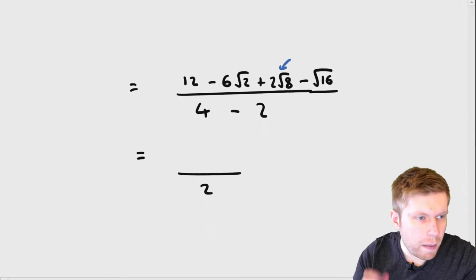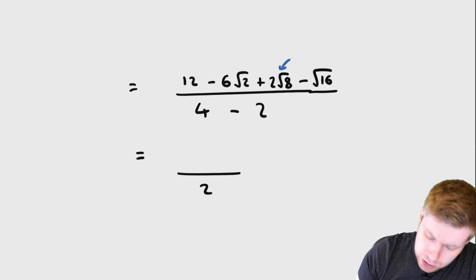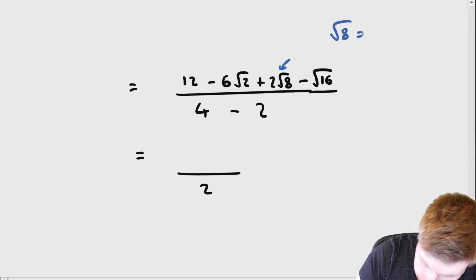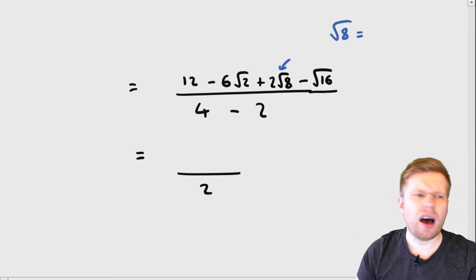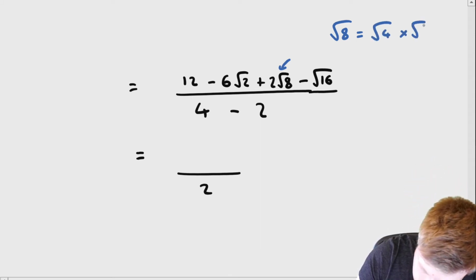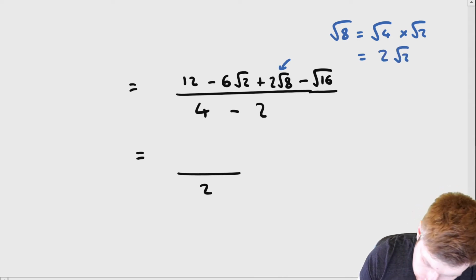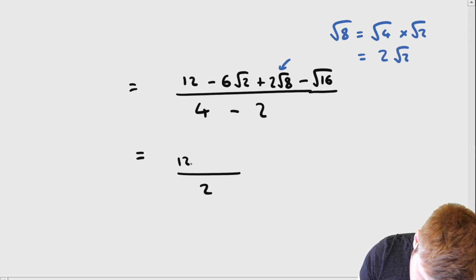Remember, I'm looking for 2 numbers which multiply together to make 8, and one of those numbers has to be square. So root 8 is equal to, well, let's think. 4 times 2 works, doesn't it? So I can break this up into root 4 times root 2, which means that root 4 is 2 times by root 2. So in other words, I get 12, take away 6 root 2.